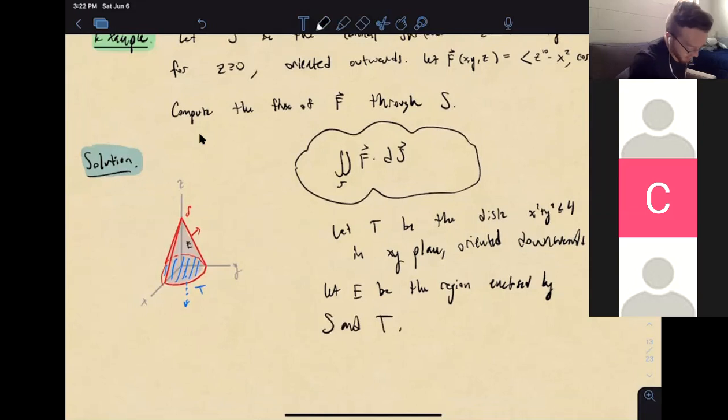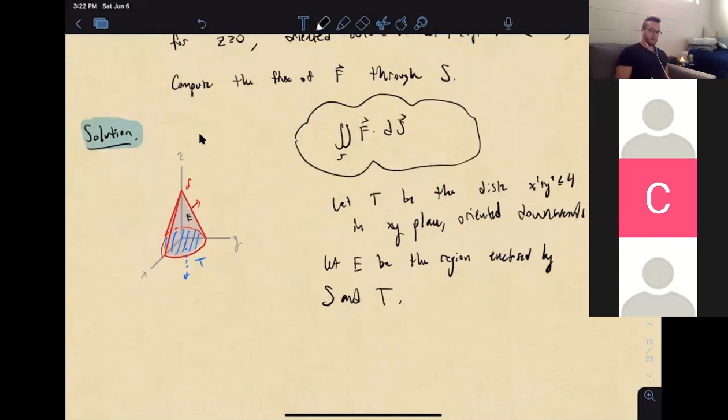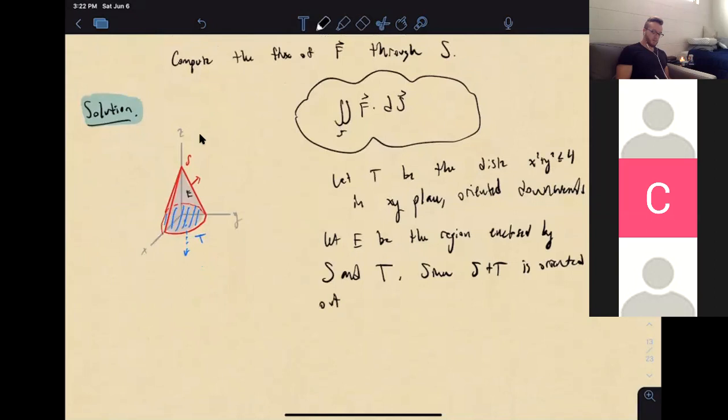Then, since we decided to orient T downwards, since S plus T is oriented outwards, the boundary of E is S plus T.